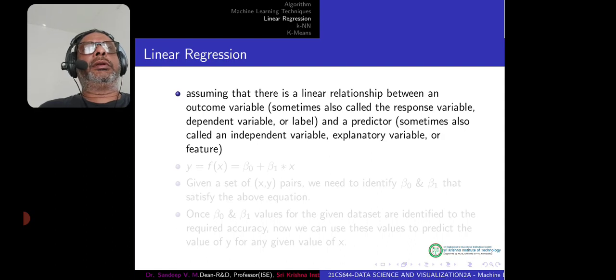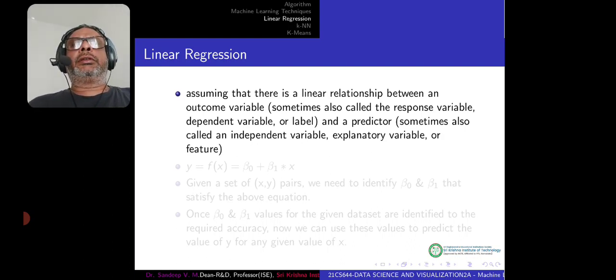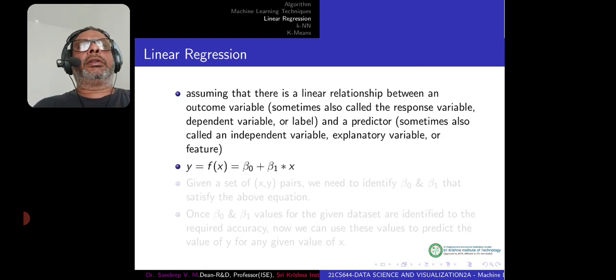So, in short, if we assume that there is a linear relationship between output and input, then we can represent this relationship as y is some f of x, where f of x can be represented with beta naught plus beta 1 times x.